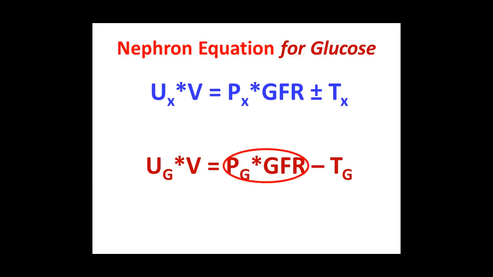So this is PGGFR, the filtered load of glucose, and this is TG, the transport of glucose. And ordinarily they are equal. So the urinary load of glucose is 0. Urinary presence of glucose is usually 0, because whatever glucose is filtered is as a whole reabsorbed or transported out of the lumen. So UGV is ordinarily 0.